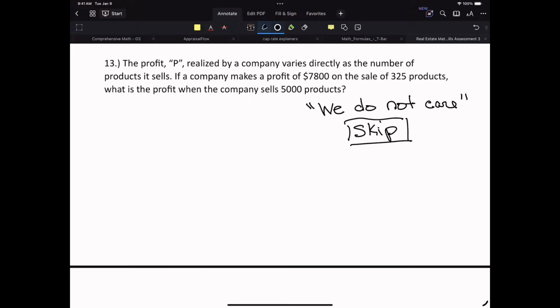Skip it. And then at the end, if you have the time and the mental capabilities to figure out this problem, then do it. If you get a problem like this where you're like, what are you even talking about? Skip it. Nobody says you have to get all the problems right.